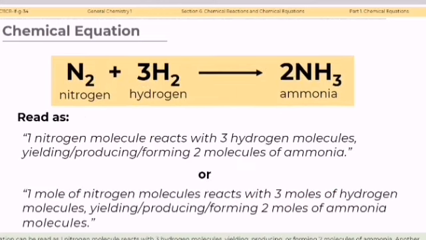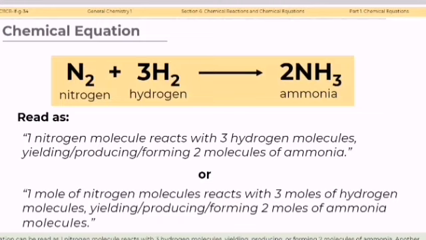The equation can be read as one nitrogen molecule reacts with 3 hydrogen molecules, yielding, producing, or forming 2 molecules of ammonia.